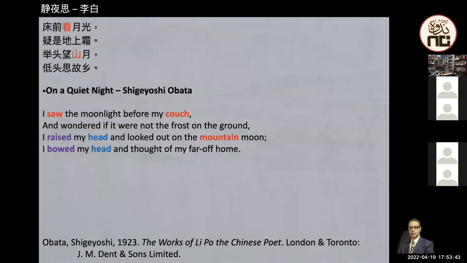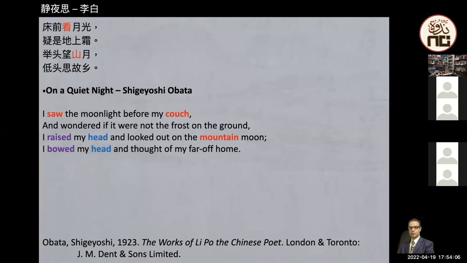So here that is the translation of Kan, and wondered if it were not the frost on the ground. I raised my head and looked out on the mountain moon, Shan-yue. I bowed my head and thought of my far-off home.